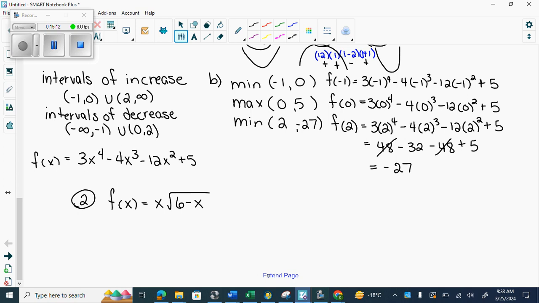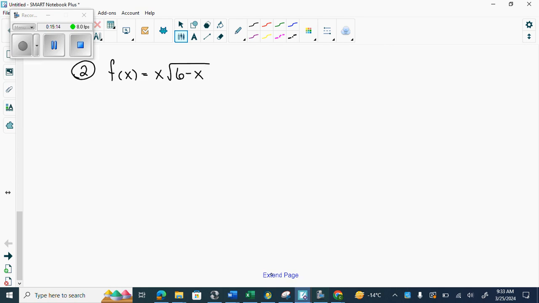This equation is a multiplication of two functions. It's a multiplication of a linear function and a radical, an x and a root x, right?